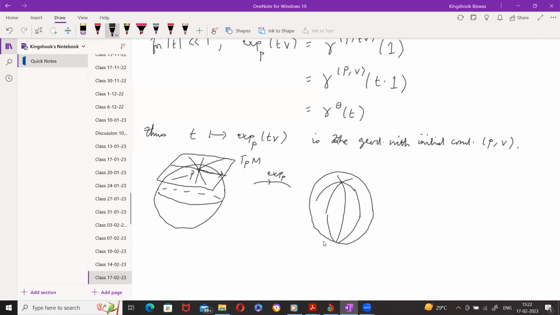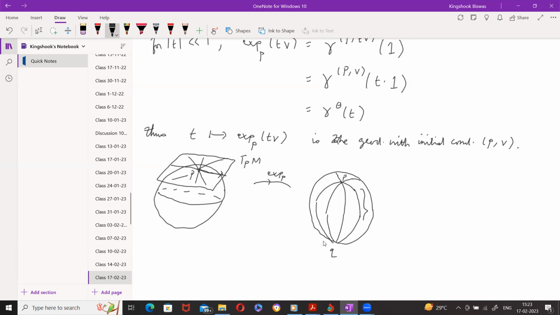So here, notice that because my manifold is compact, one can show that geodesics will be defined for all time actually. So in this case, the exponential map will be defined on the whole tangent space, and it will map all of these whole lines to geodesics. And what will happen is that this distance from the North Pole to the South Pole, if this is P and this is Q, this length will be how much?